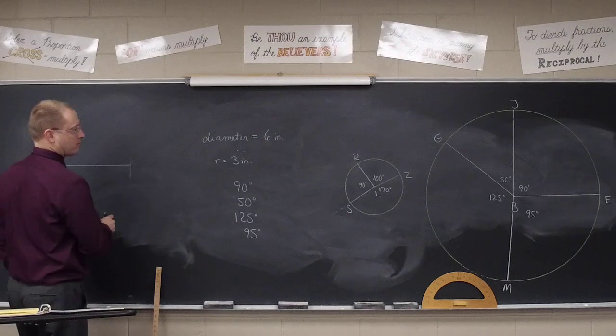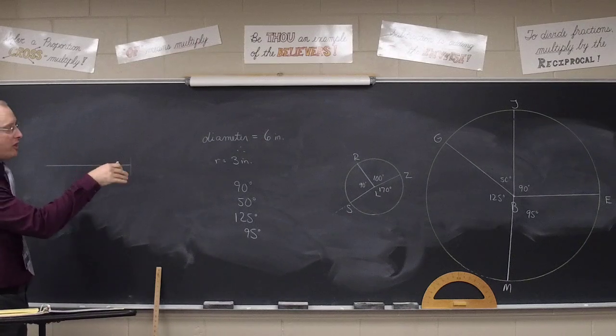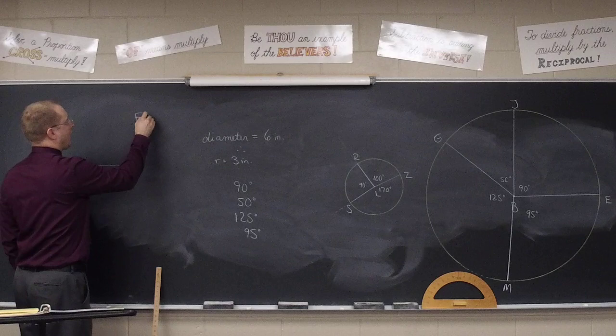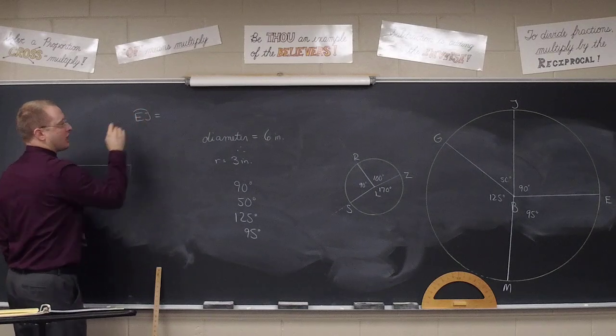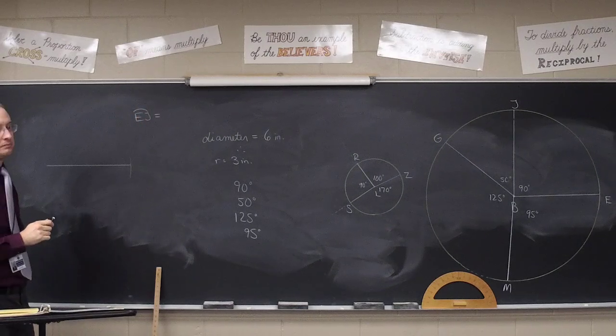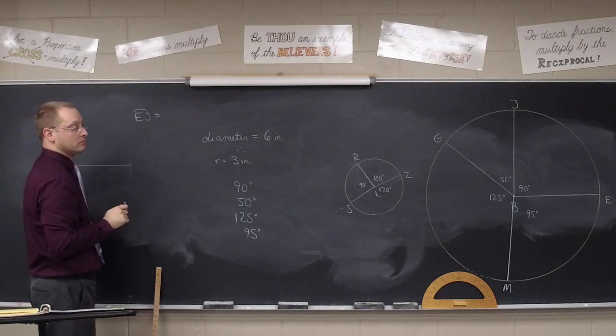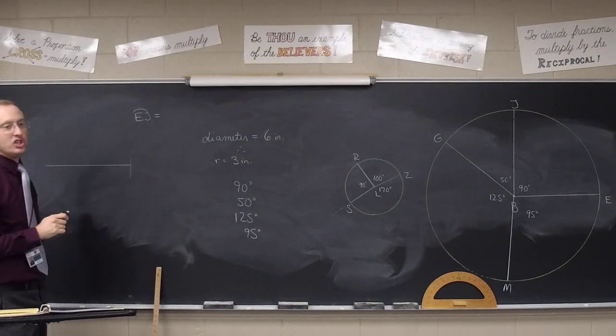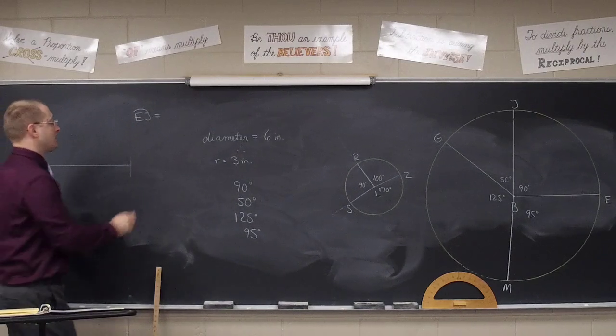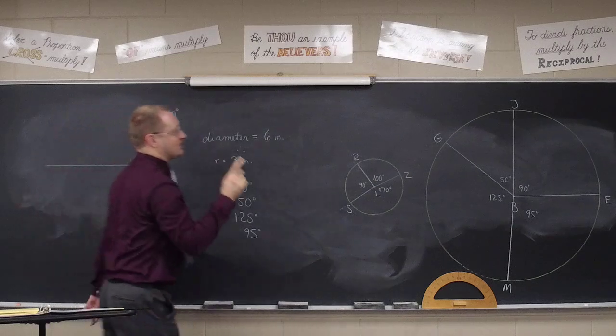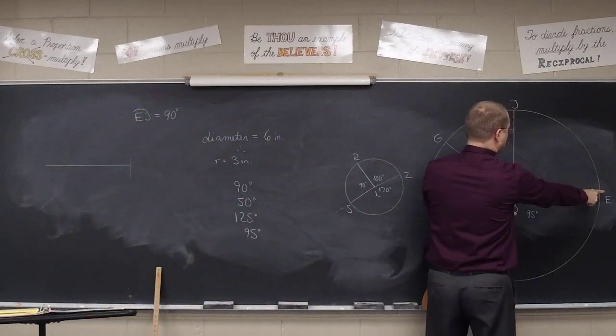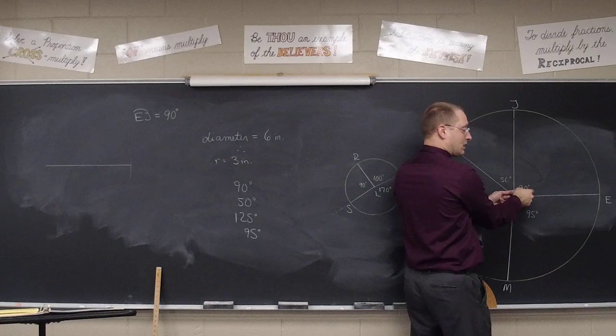Now, question for you. Once we've got this all drawn there on your paper, how big is arc EJ? It's a 90-degree arc, because remember, class, an arc is always equal to its intersecting central angle.